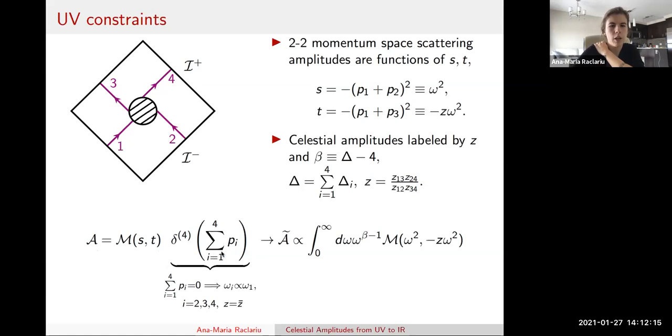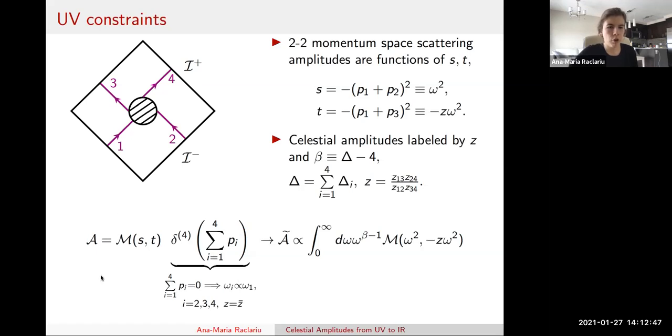There are 4 constraints here, one of which imposes that the cross ratio is real, which is an expected feature of momentum conservation in the bulk. We know that scattering in the bulk has to happen in a plane, and this plane has to cross the celestial sphere on some circle, described by z equal to z bar. The other three constraints impose that all of the external energies have to be proportional to one another.